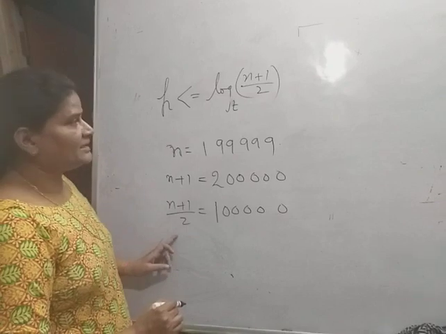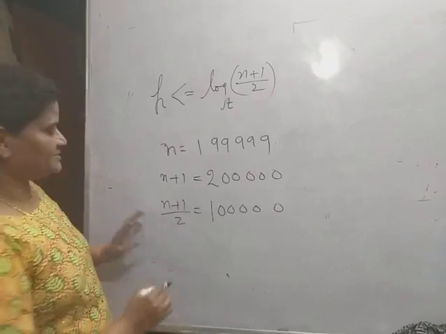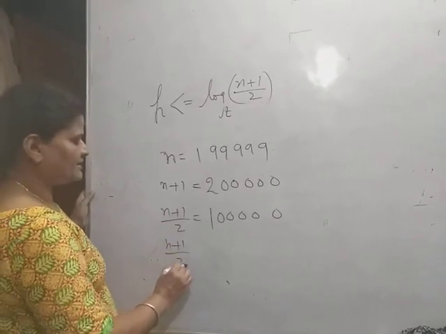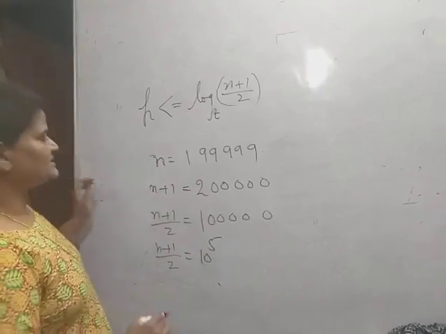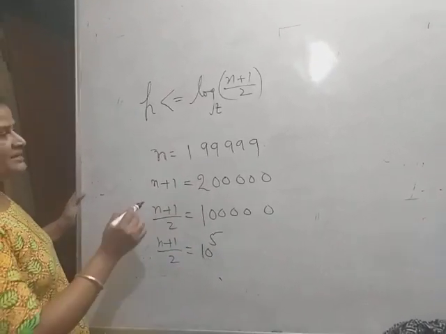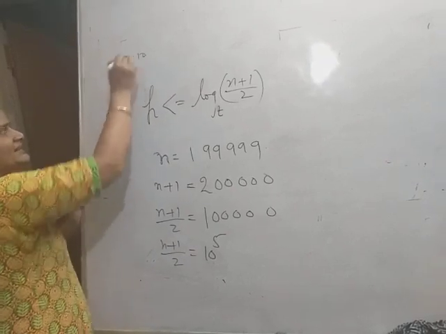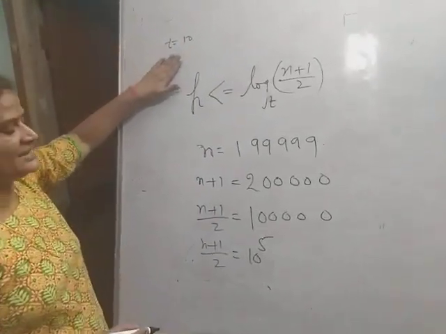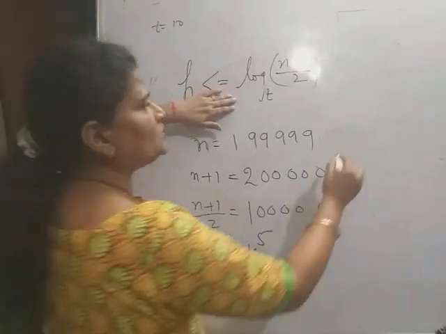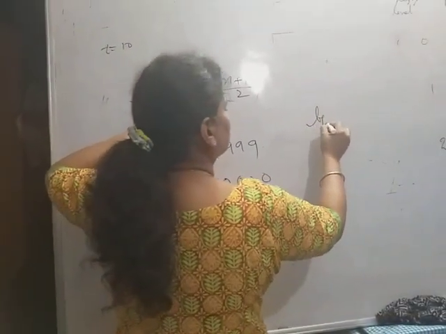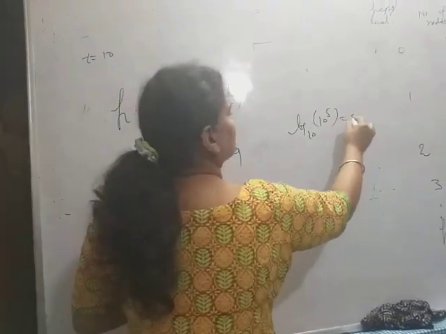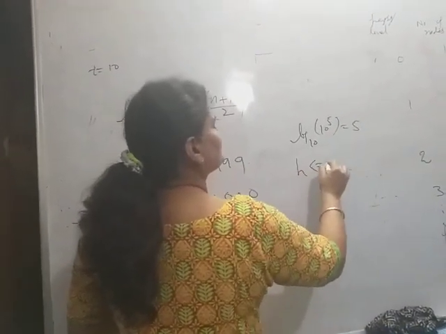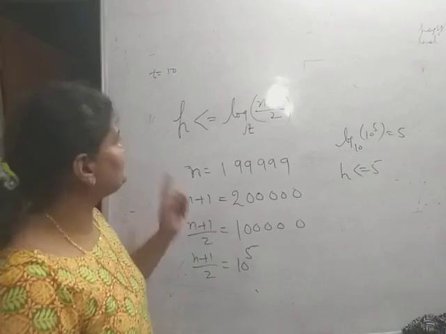Okay. And now simply (n plus 1) by 2 is equal to 10 to the power 5. Now suppose I am taking the degree of the tree t as 10. If I take degree t as 10, so log 10 to the power 5 is what? 5. So height is less than or equal to 5. What is the meaning of that?